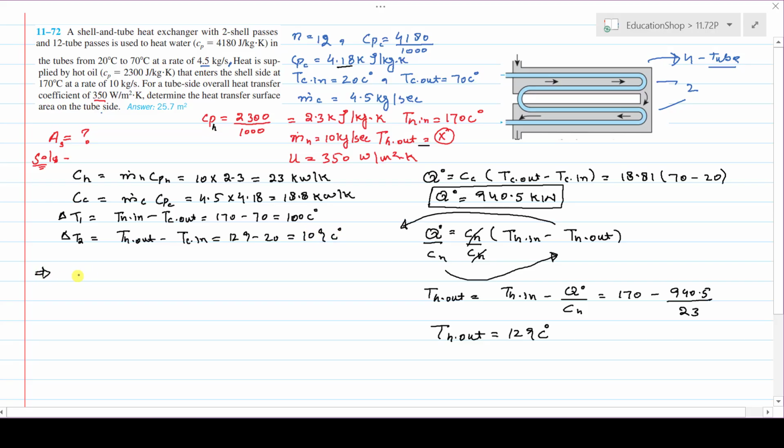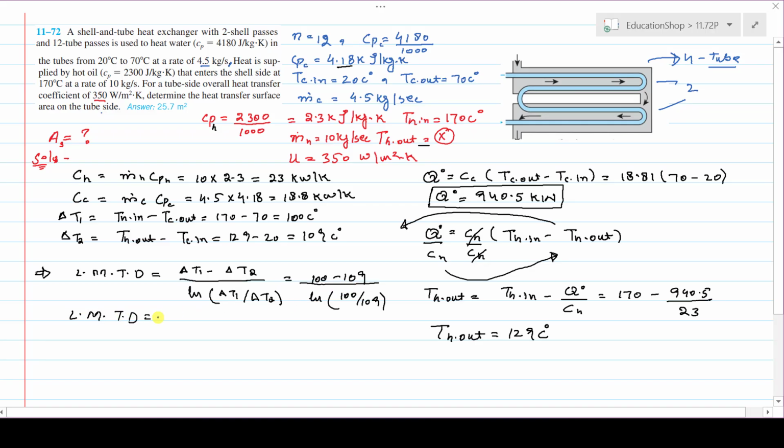We are interested to find the log mean temperature difference, that is equal to delta T1 minus delta T2 divided by ln delta T1 over delta T2. Just put the values and solve on the calculator. 100 minus 109 over ln 100 over 109. It will give you the log mean temperature difference, that is 104.4 centigrade.